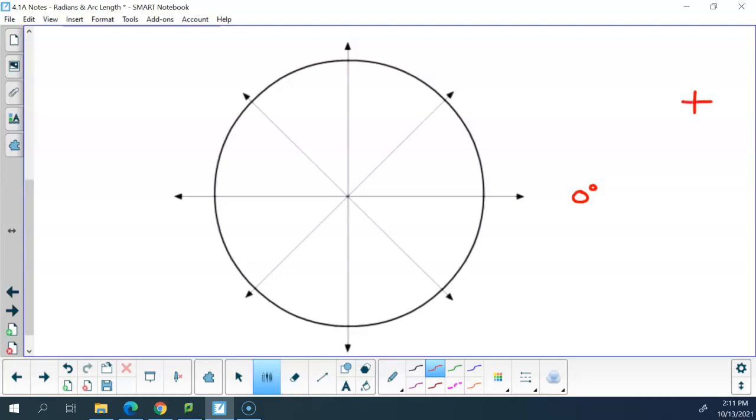Positive angles go counterclockwise around the circle.